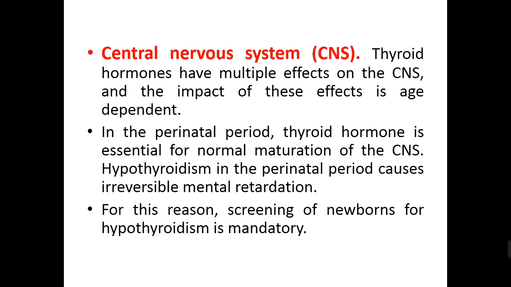On the central nervous system, thyroid hormone has multiple effects on the CNS, and the impact of these effects is age dependent. In the perinatal period, thyroid hormone is essential for normal maturation of the CNS. Hypothyroidism in the perinatal period causes irreversible mental retardation. For this reason, screening of newborns for hypothyroidism is mandatory.